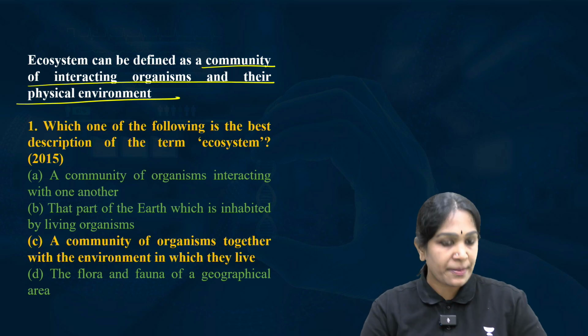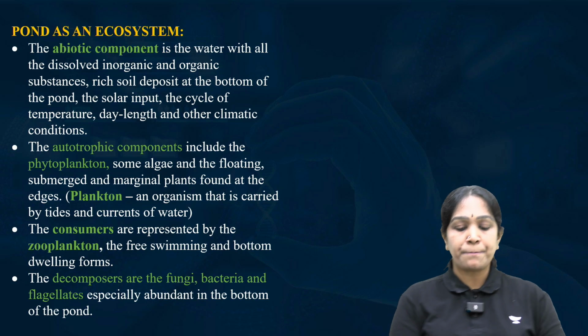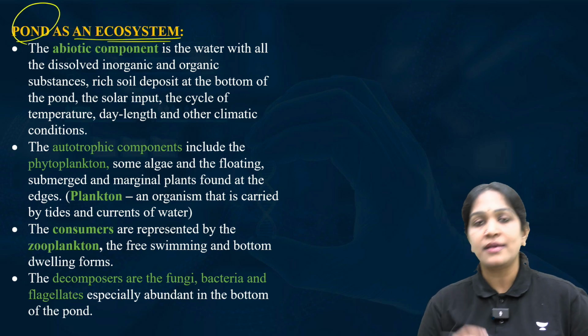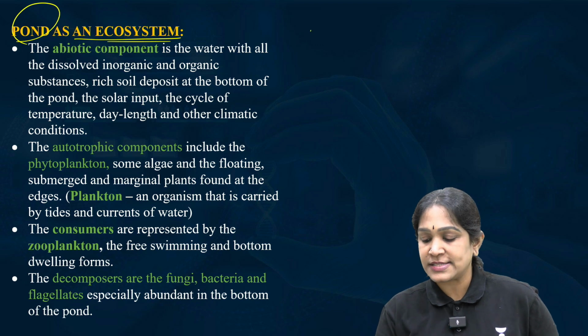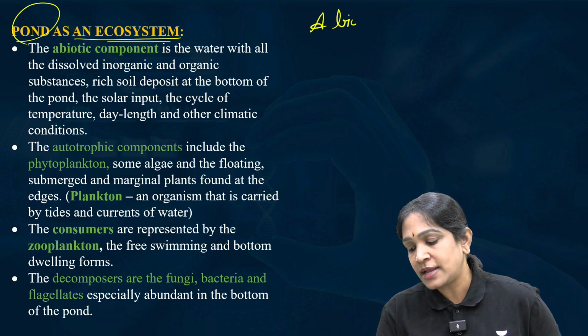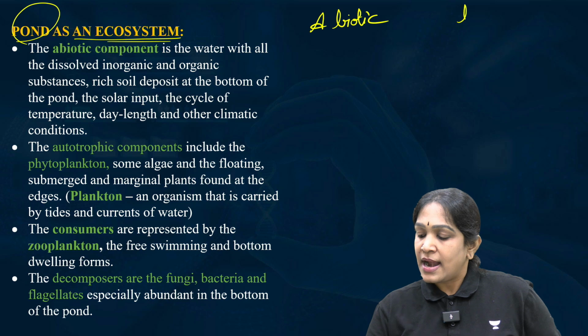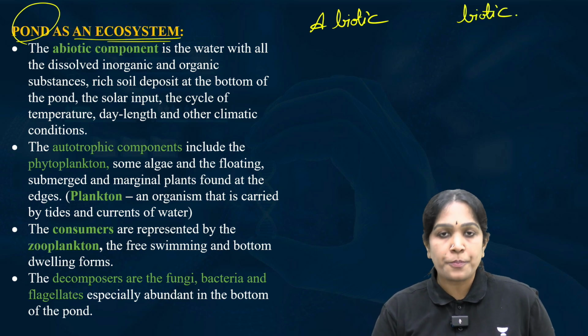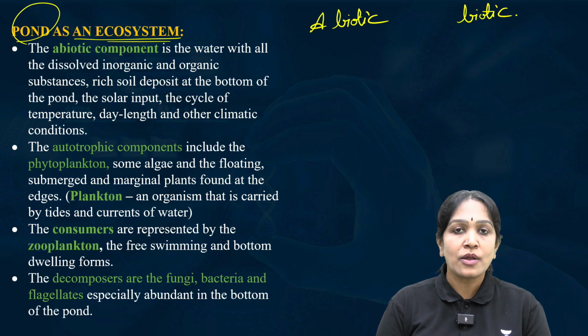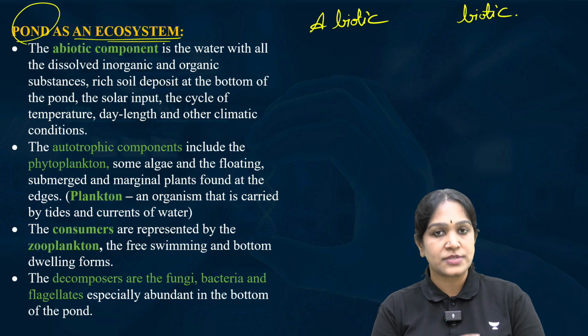To understand more about it, let us discuss pond as an example for ecosystem. Every ecosystem will have two components. The first one is abiotic component and the second one is biotic component. Abiotic component means the non-biological material in the ecosystem.